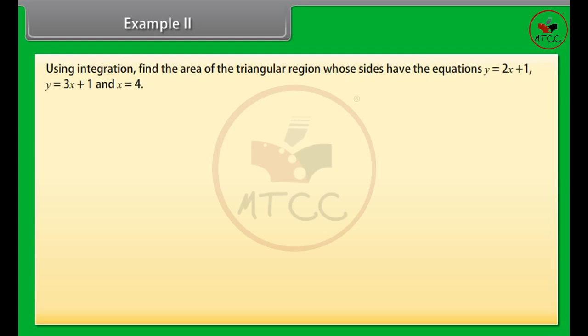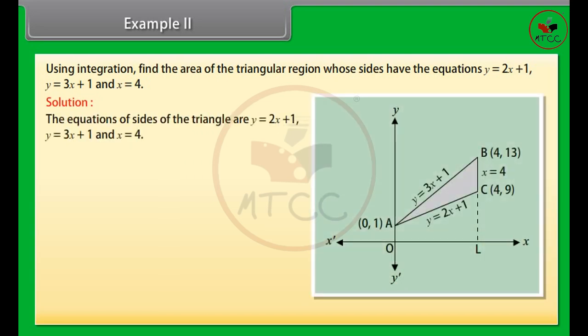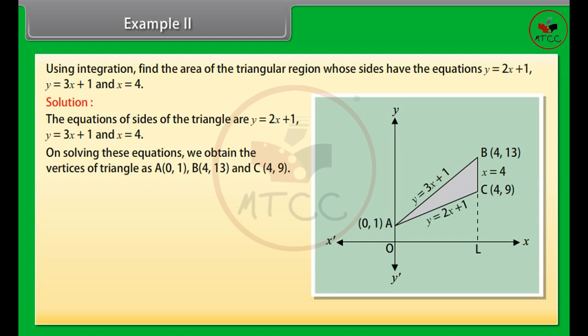Example second. Using integration, find the area of the triangular region whose sides have the equations y = 2x + 1, y = 3x + 1, and x = 4. Solution. The equations of the sides of the triangle are y = 2x + 1, y = 3x + 1, and x = 4. On solving these equations, we obtain the vertices of the triangle A(0, 1), B(4, 13), and C(4, 9).